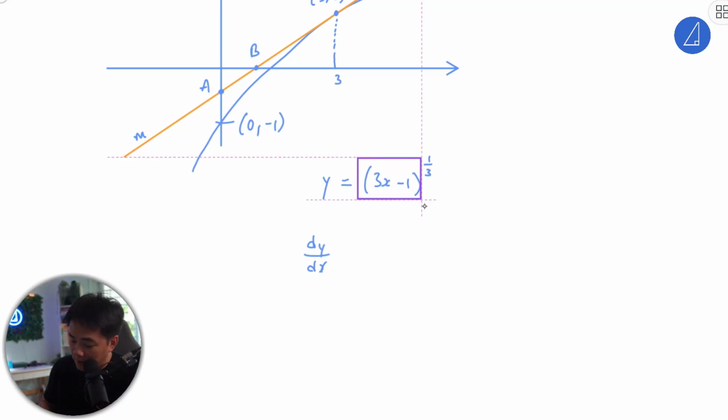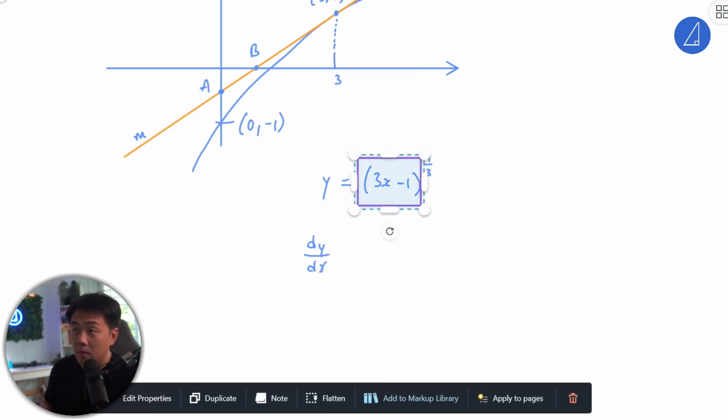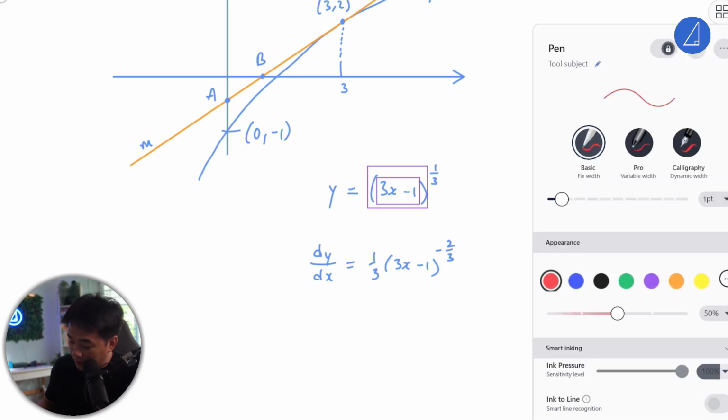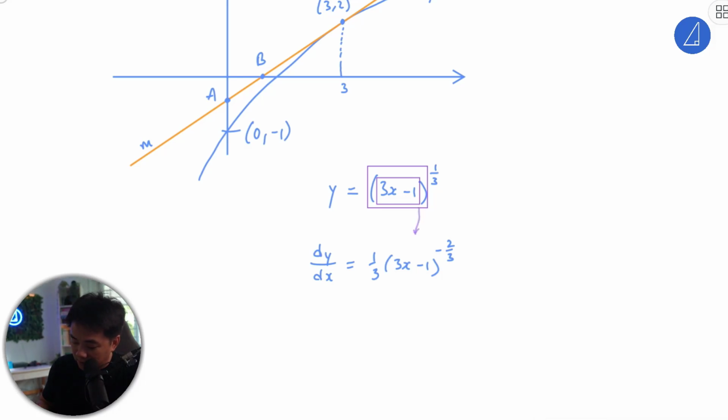We differentiate the outer layer, then the inner layer. So the outer layer would be 1/3 times (3x minus 1) to the power of a third minus 1, which is -2/3. Then multiply by the derivative inside, so just remember to multiply by 3.